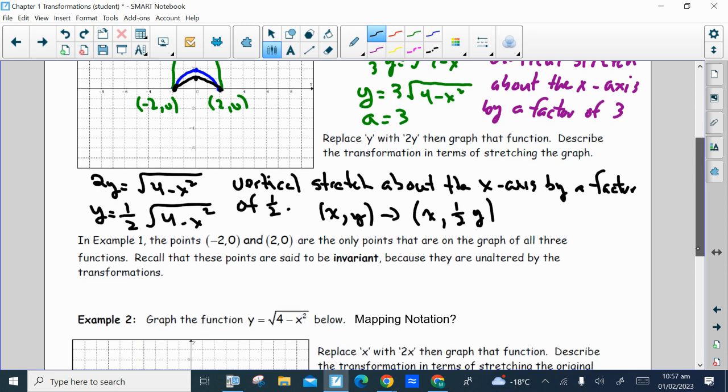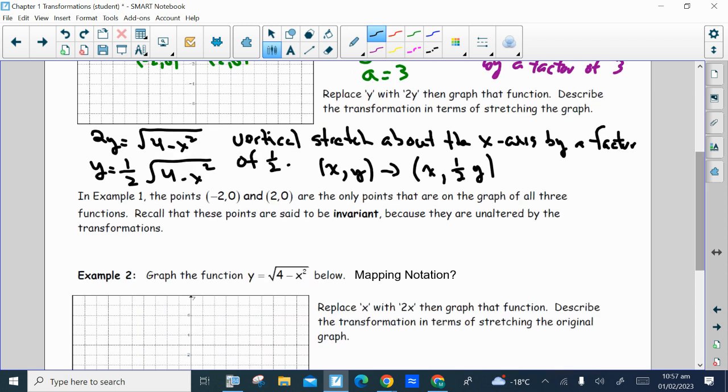And once again, the points negative 2, 0 and positive 2, 0 are the only points on the graph of all three functions. Recall that these are said to be invariant because they are unaltered by the transformations.